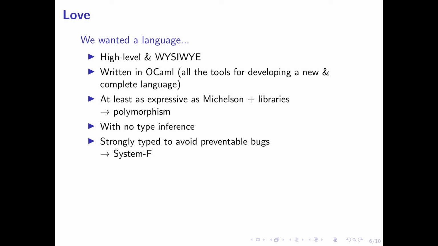And in the meantime, we wanted to avoid type inference. The idea is that inferring types is harder than just checking if they are correctly provided. Also, we did not want two semantically equivalent programs, only differing in their type annotations, to be checked differently. Having a strongly typed language with no type inference led us to use the System F type system, just like the Scilla language.